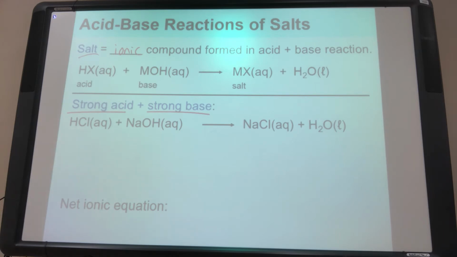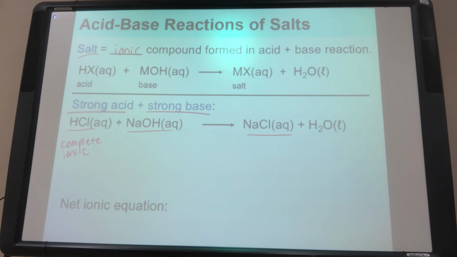So for example, HCl is my strong acid, and NaOH is my strong base. They're going to create water, here's the water, and my salt. That's what they create. So what we want to do to be able to see what's happening is I want you to write the complete net ionic equation. So now you have to remember how to do that. So complete ionic. That's where we take everything that is aqueous and we separate it into its ions.